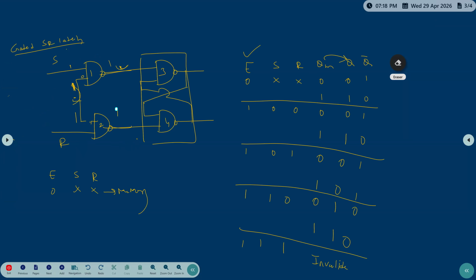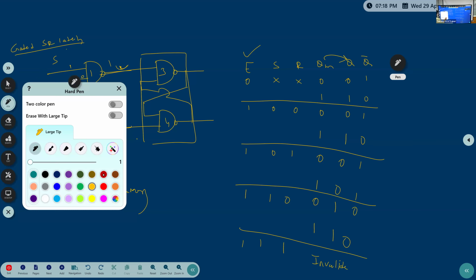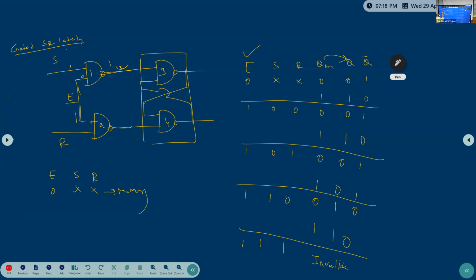This gated SR latch only. They will add one inverter and make it like this, and they will make one input, D. Now what happens?